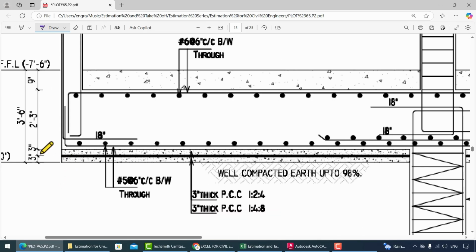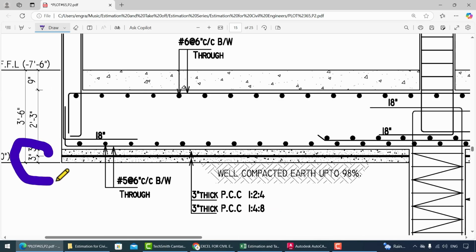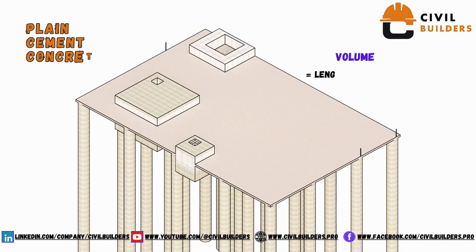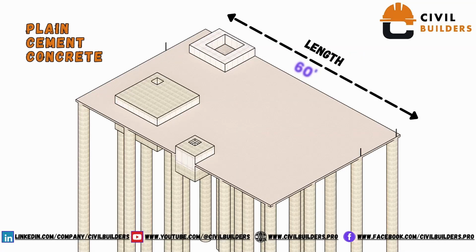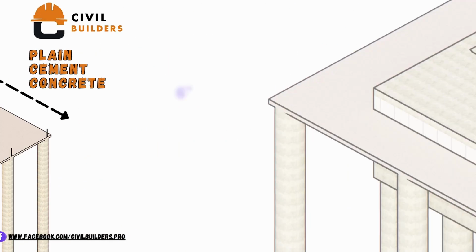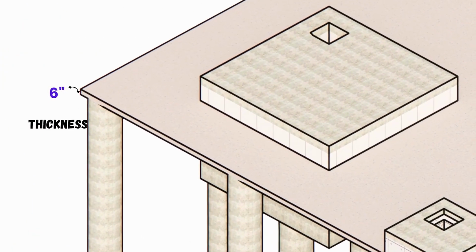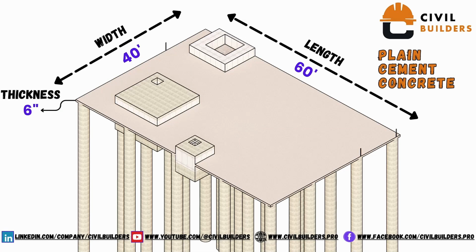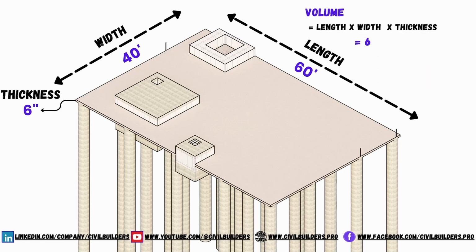Here the thickness of the PCC floor is 6 inches. To estimate the volume, we need to multiply length, width and thickness. The extracted dimensions are 60 feet, 40 feet and 6 inches. So we just need to input these values in our formula to get the required volume.